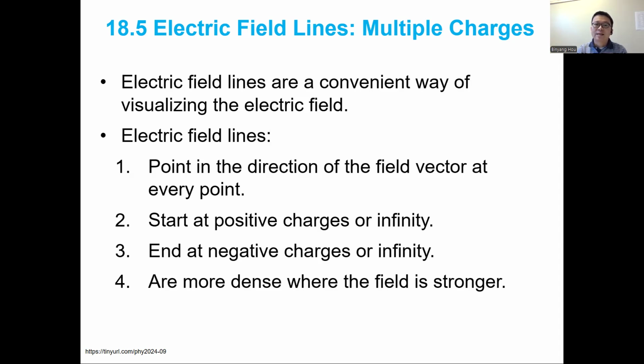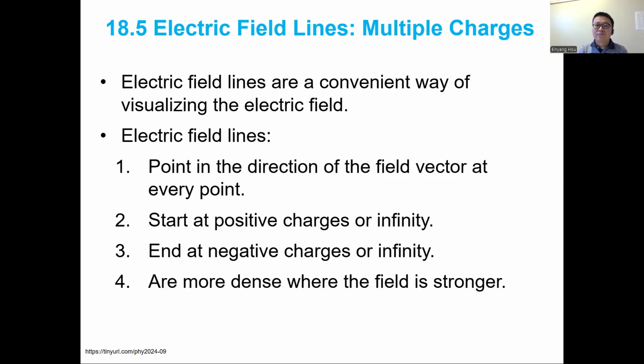They will start at positive charges. If there's no positive charge, then they will start from infinity. And they will end at negative charges, because the electric field is pointing towards the negative charges. Or if there are no negative charges, then they will be going off to infinity.